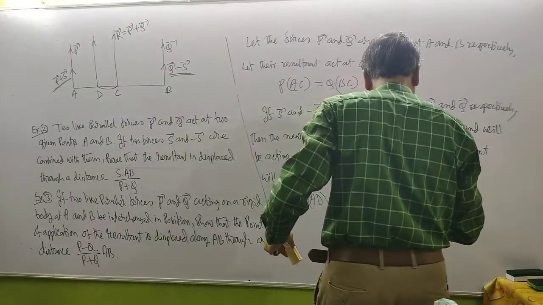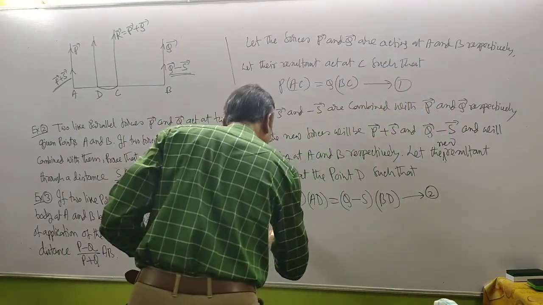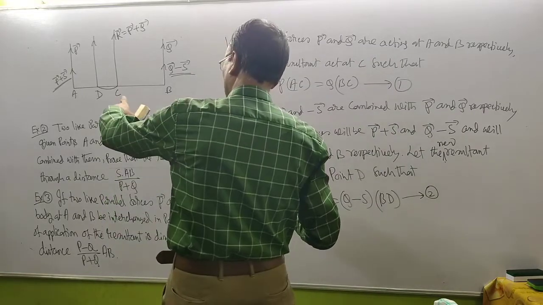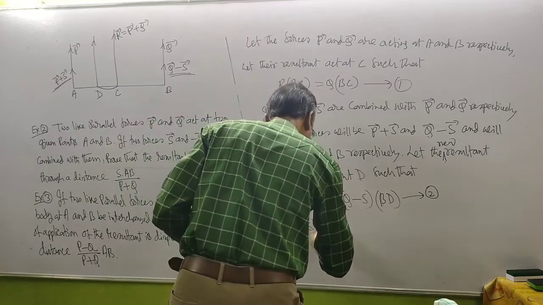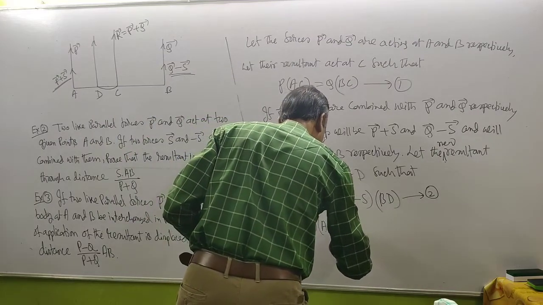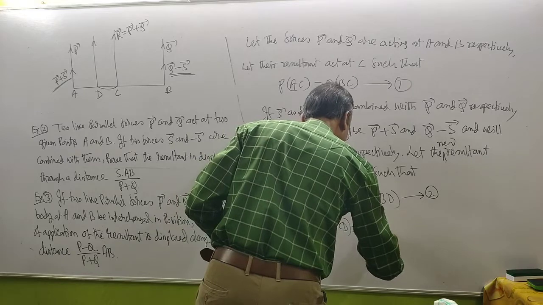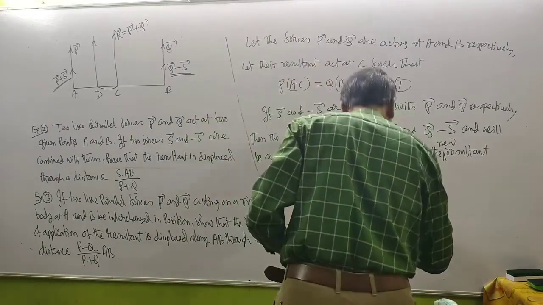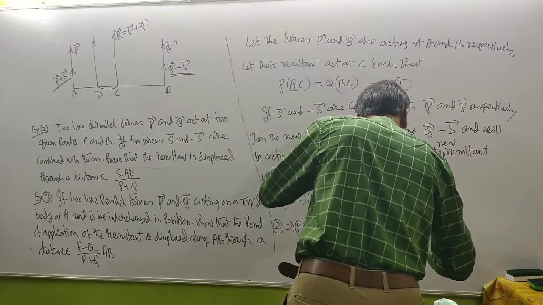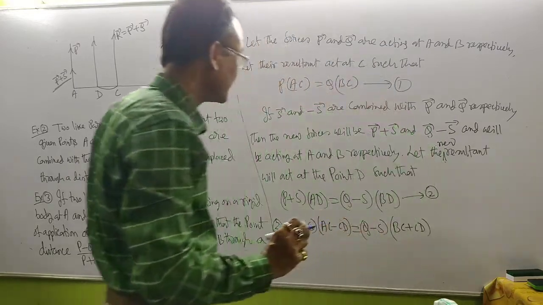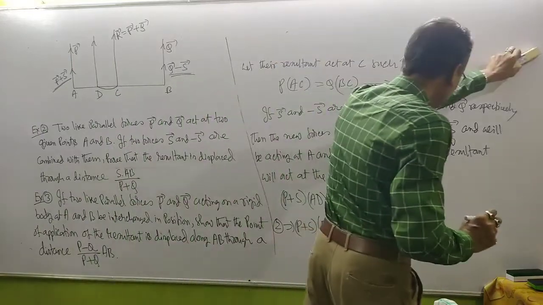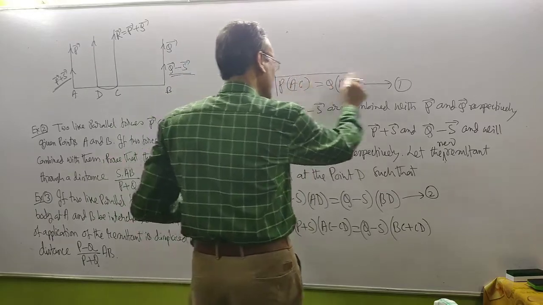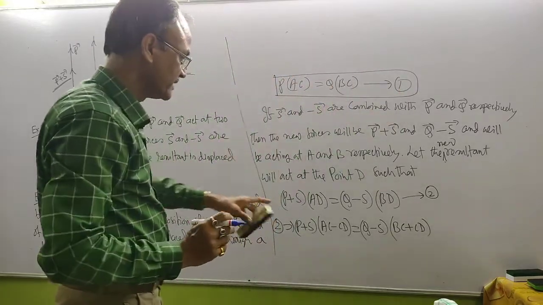Now from 2 you will get P plus S into, for AD you may write AC minus CD, equal to Q minus S into, BD means you may write BC plus CD. Now, one will be applied, therefore I will not remove this.